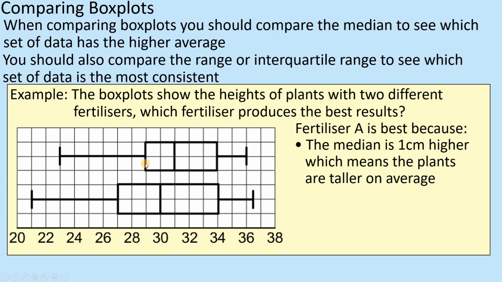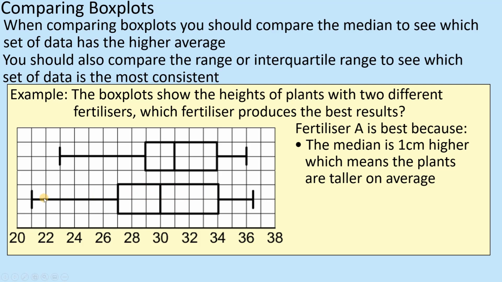We can also say that because this box is smaller, the values we are getting are more consistently in this area. Compared to the one at the bottom, B, these are a little bit more spread out, meaning the median isn't quite as consistent and we don't know what results we'll get.